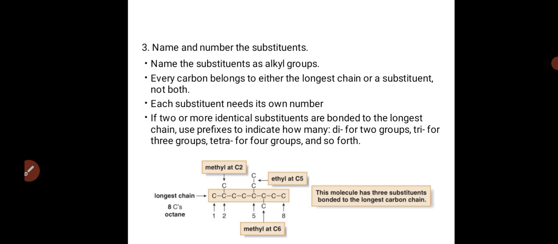You can say just 2,6-methyl. We have ethyl. So we follow alphabetical order. You say 5-ethyl, hyphen, 2,6-dimethyloctane.